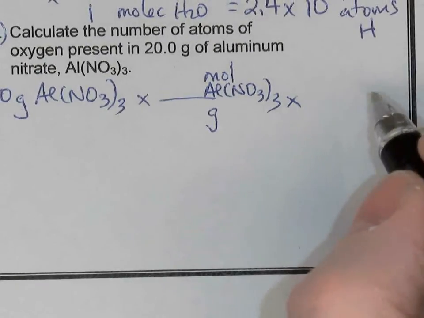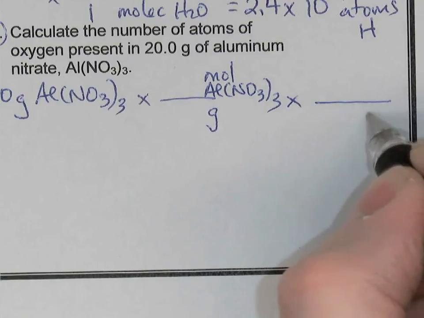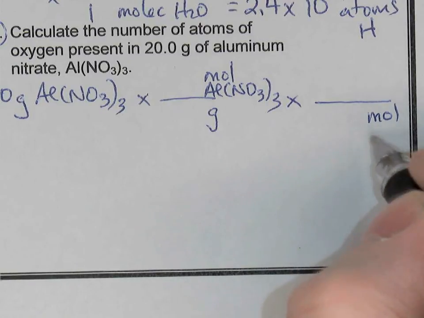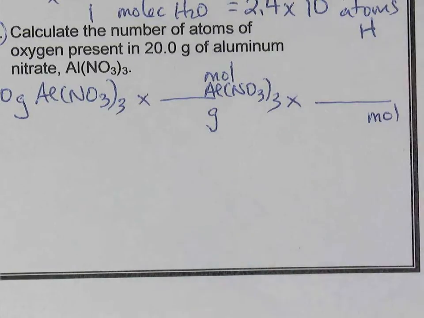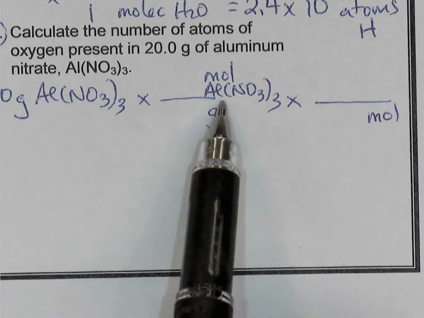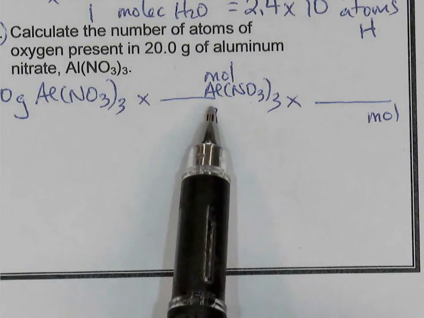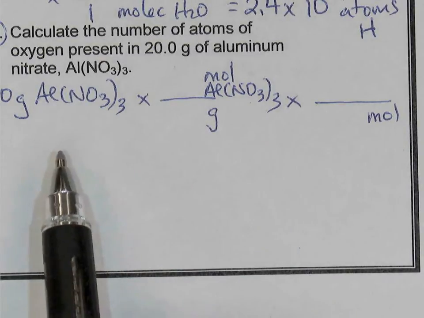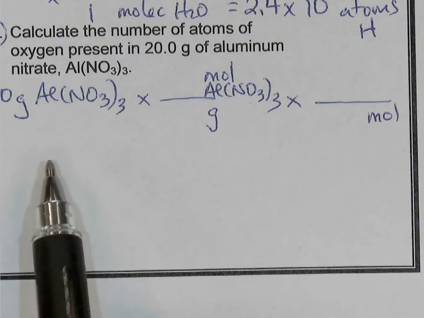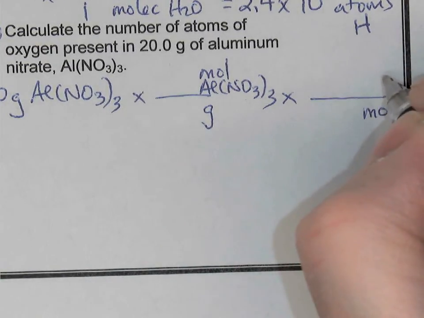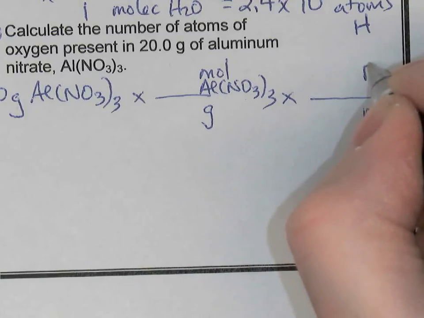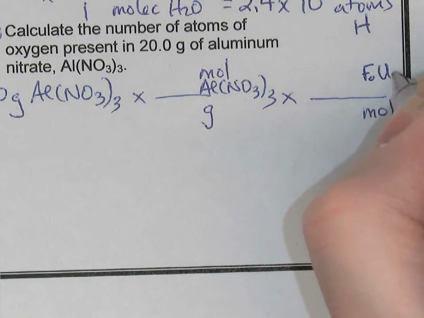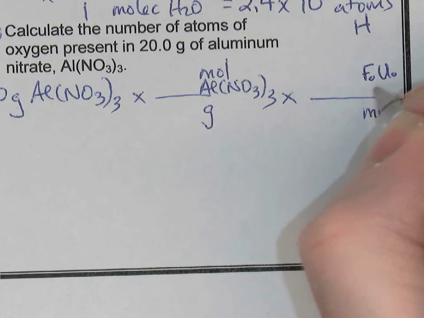And then we can convert moles of aluminum nitrate into, well, you might be tempted to say molecules, and I'd forgive you for saying that, but remember that this is an ionic compound, aluminum nitrate. So it's really not made of molecules. So instead what I'm going to say here is formula units, and I'll abbreviate that FU, formula units of aluminum nitrate.